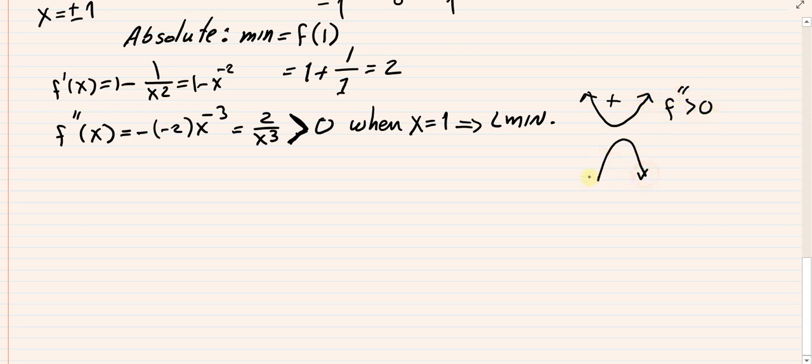And negative means f double prime negative, concavity down. This is positive, so we have a minimum. If it was negative, then the peak would be the max. Okay, and there you go. We're done with this exercise.